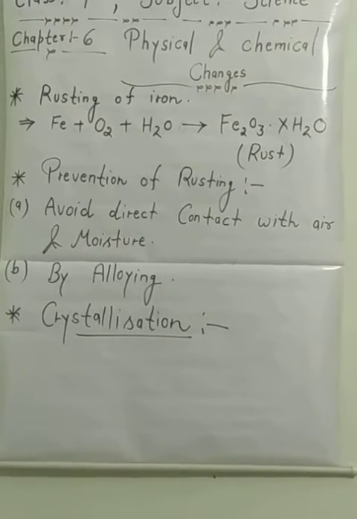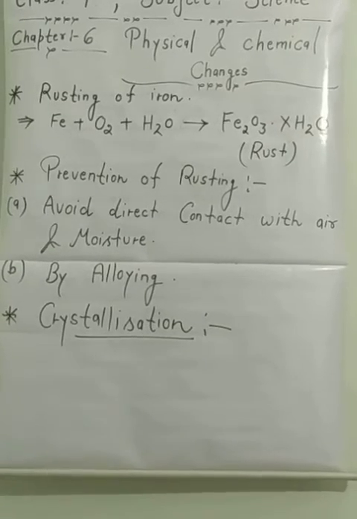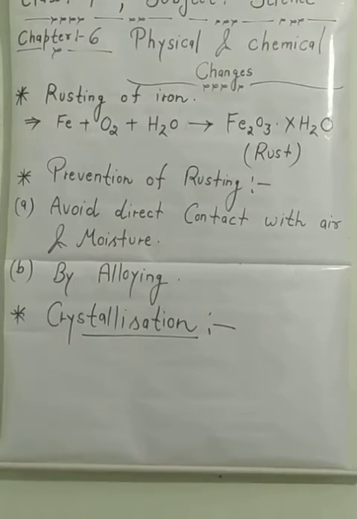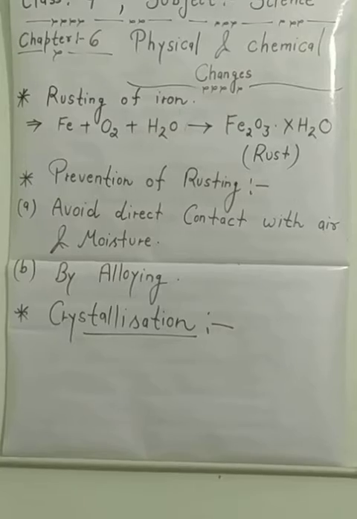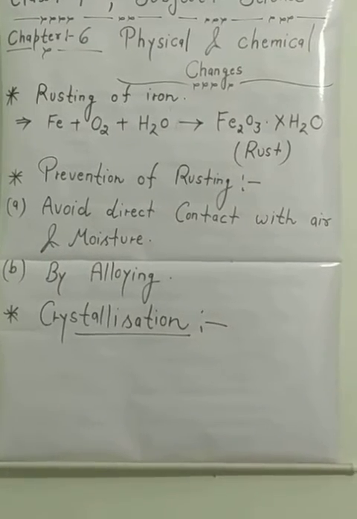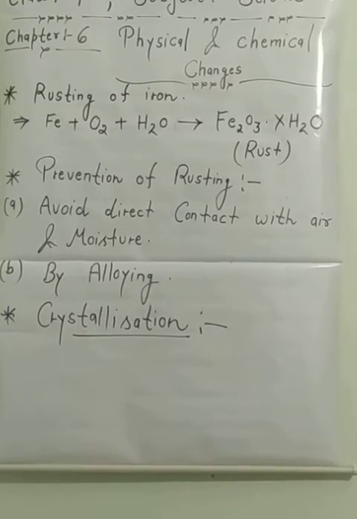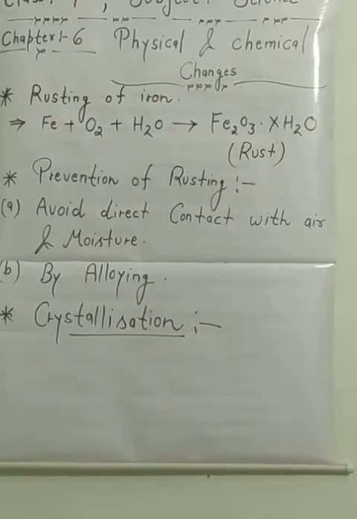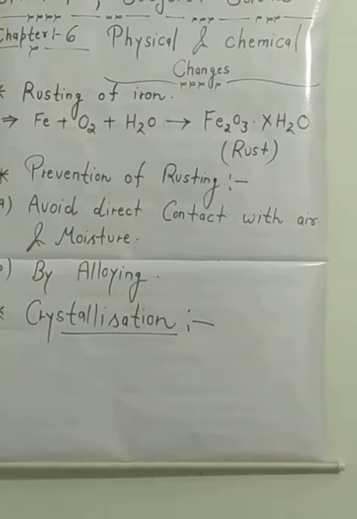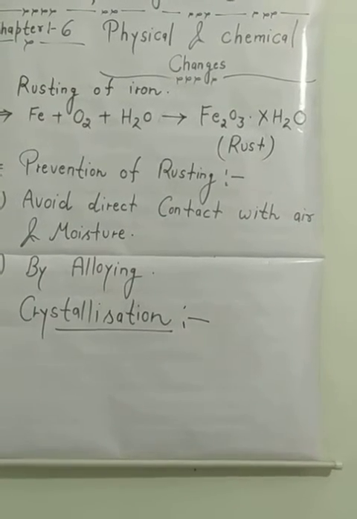What is the formula of rust? Fe2O3 into xH2O. It is known as rust, and this complete process is known as rusting of iron. For example, if you keep some iron filings with some moisture in open air, then what will you see after one or two weeks?